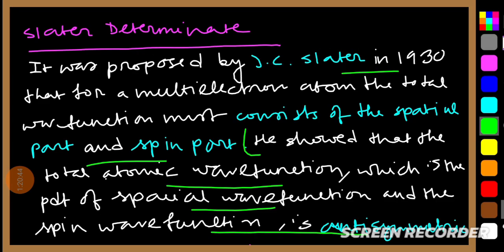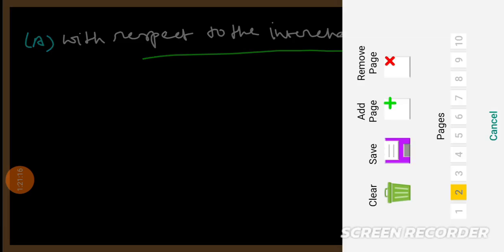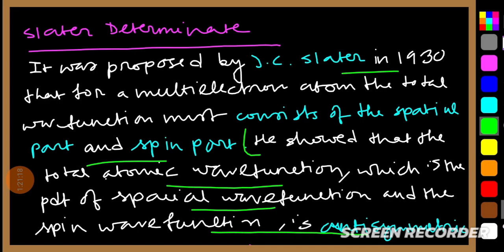So that means if you interchange the electrons, the total atomic wave function, the product of the spatial wave function and spin wave function, should always be antisymmetric with respect to interchanging electrons. Total wave function means the product of the spatial part and spin part. Okay, next.